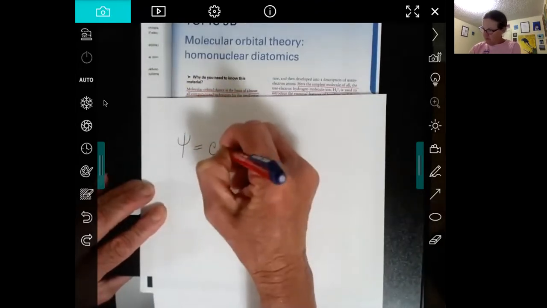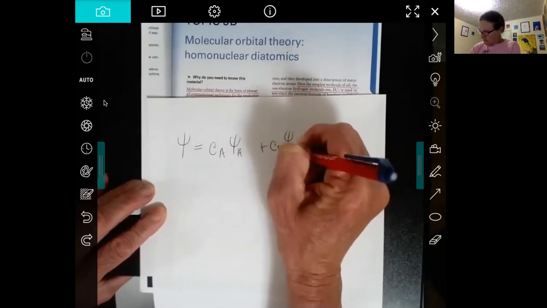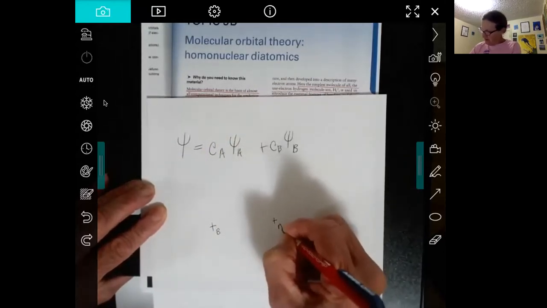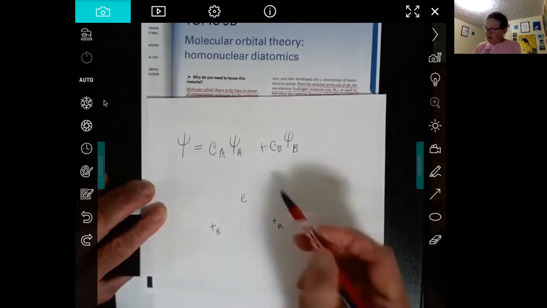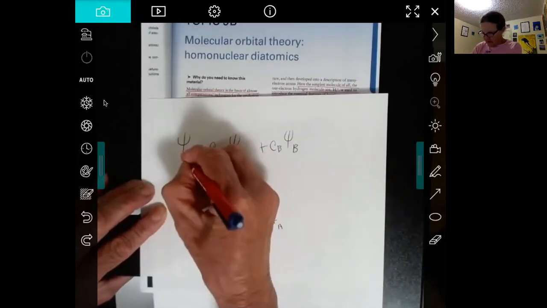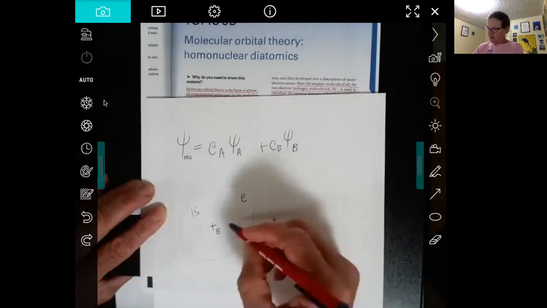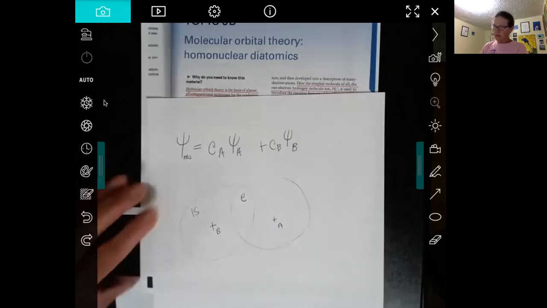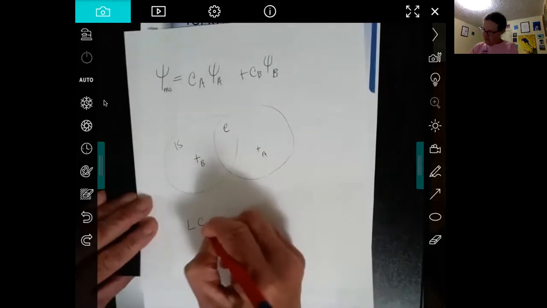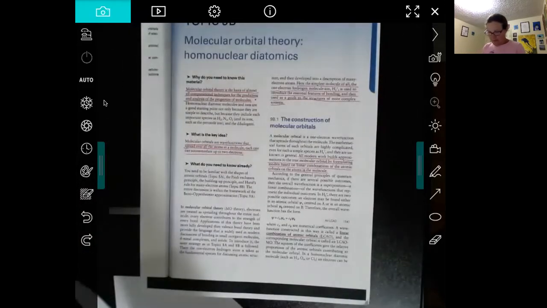So, for example, if this is the B nucleus and this is the A nucleus and we have our electron, we can use as an approximation to our molecular orbital, this is our MO, a linear combination of a 1s orbital on the B atom and a 1s orbital on the A atom. And so that linear combination of atomic orbitals is used as an approximation of a molecular orbital.